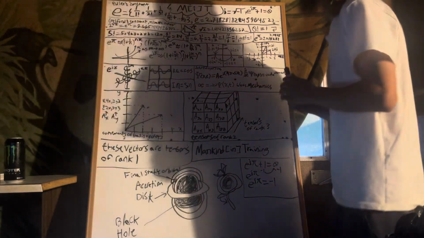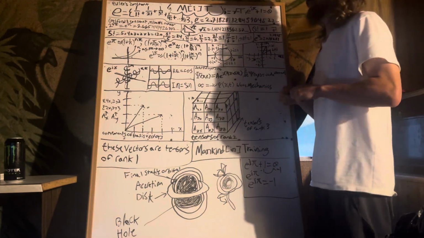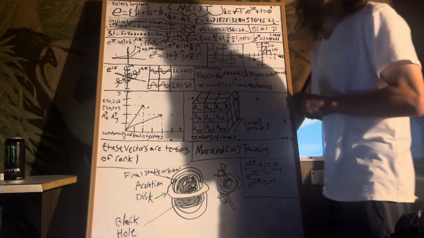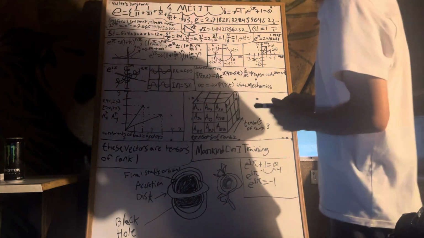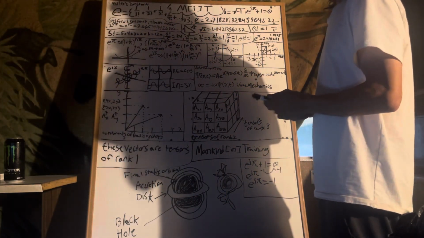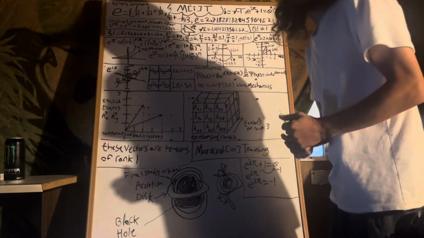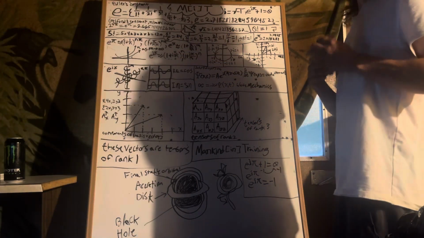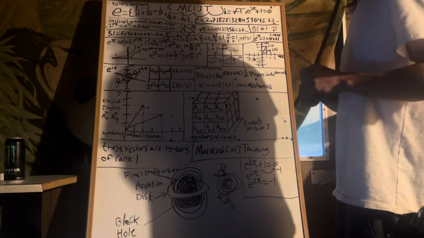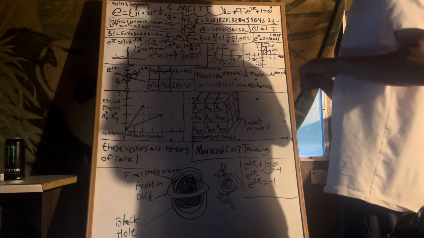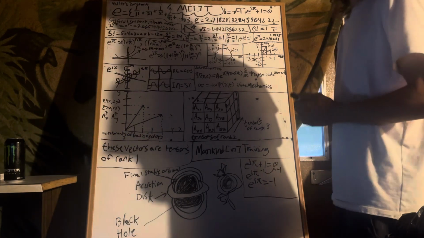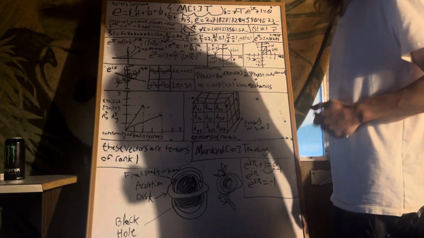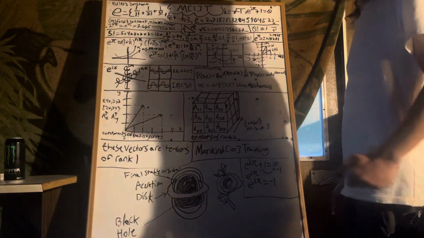So to begin, Euler's constant is extraordinarily important in mathematics. It is the language of growth. And if you intentionally try not to use Euler's number, you're just making everything a lot more difficult for yourself.